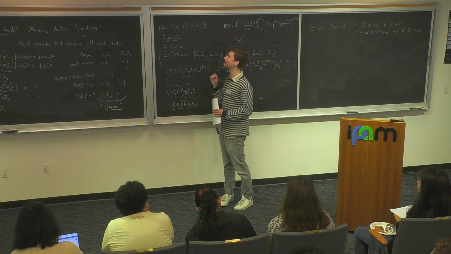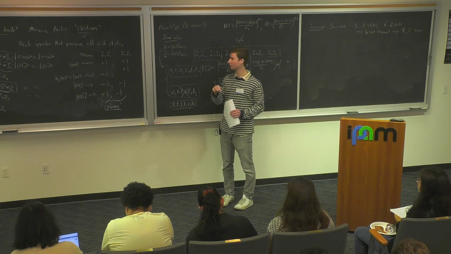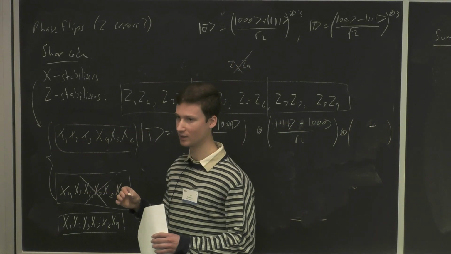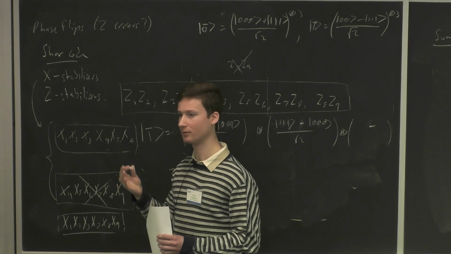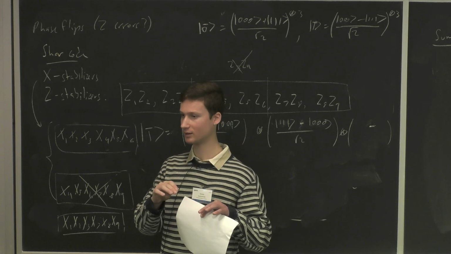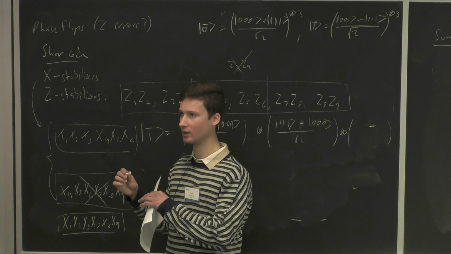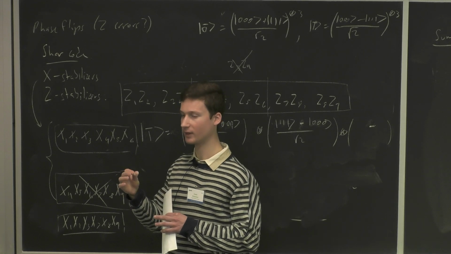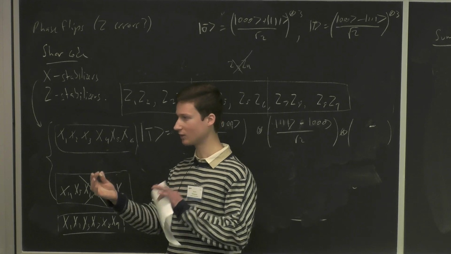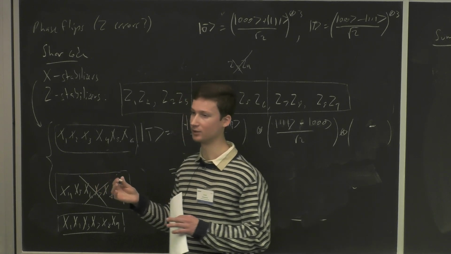So the n minus k was for essentially the number of stabilizer generators, the number of stabilizers we need to measure to correct as many errors as we can for the given code. So if the code maps a length k message, like k message qubits, into n physical qubits, so into a length n code word, then we can always find n minus k stabilizers, such that if we measure them, we can essentially multiply together these measurement outcomes and deduce what would be the measurement outcome from any stabilizer.